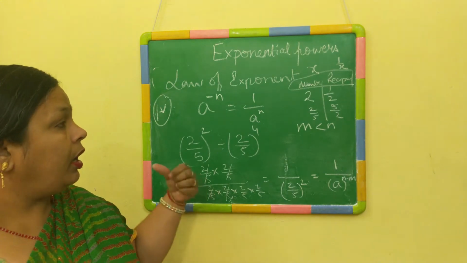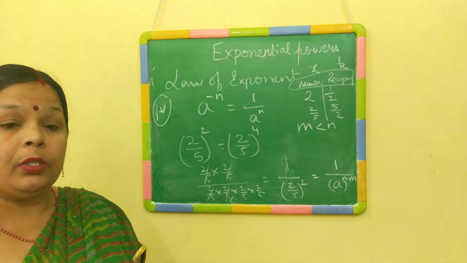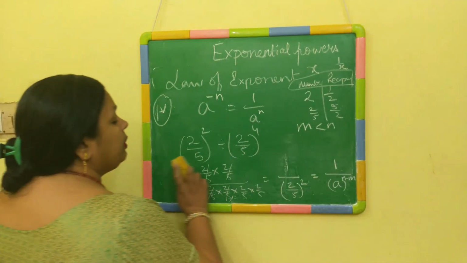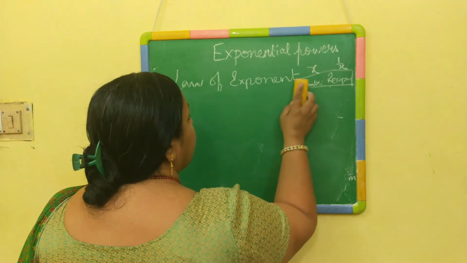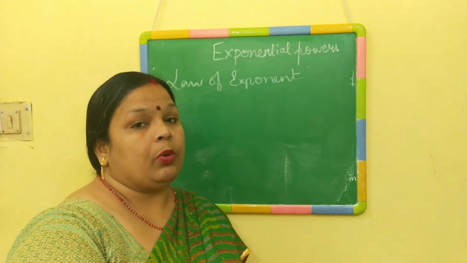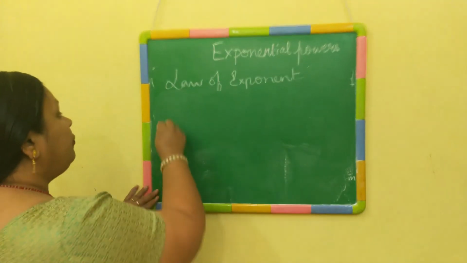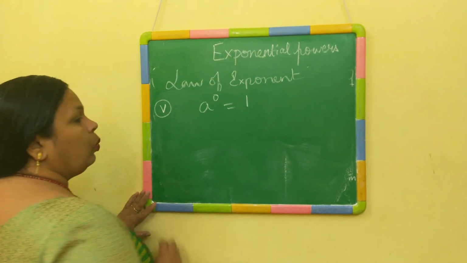So, let's get to the fifth law of power and exponent, where we will be seeing what will happen if during division m is equal to n. Now, the fifth law says a power 0 is equal to 1.